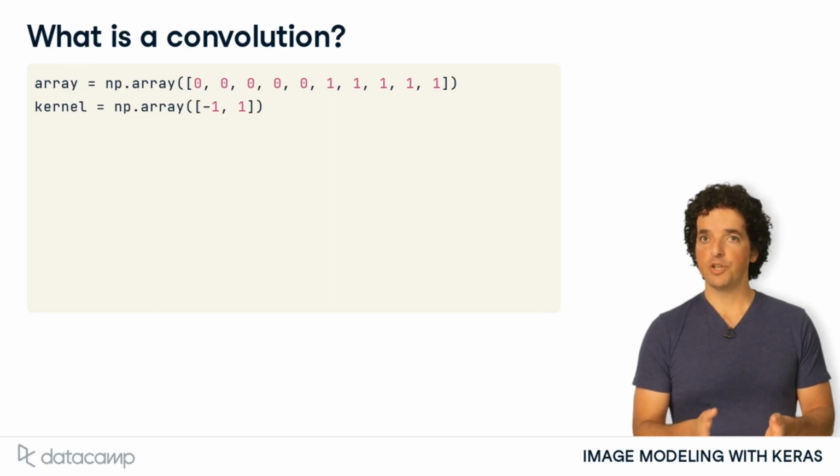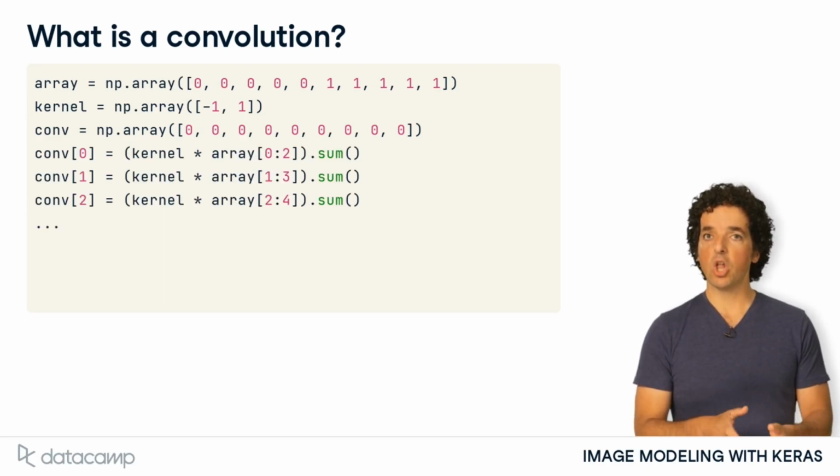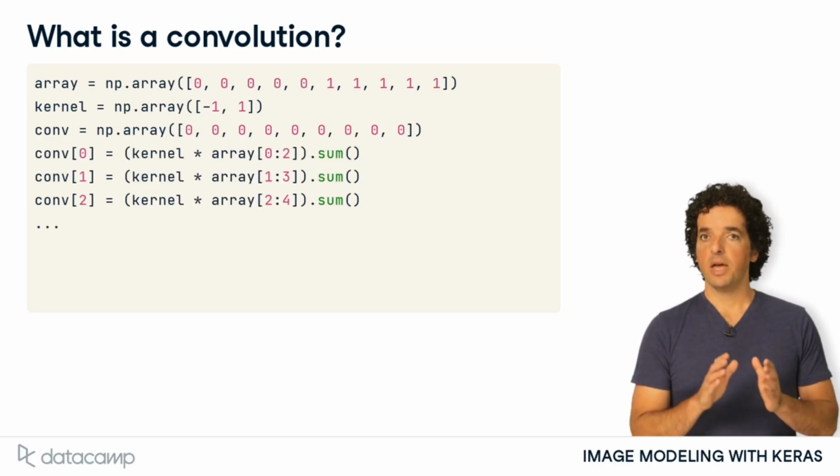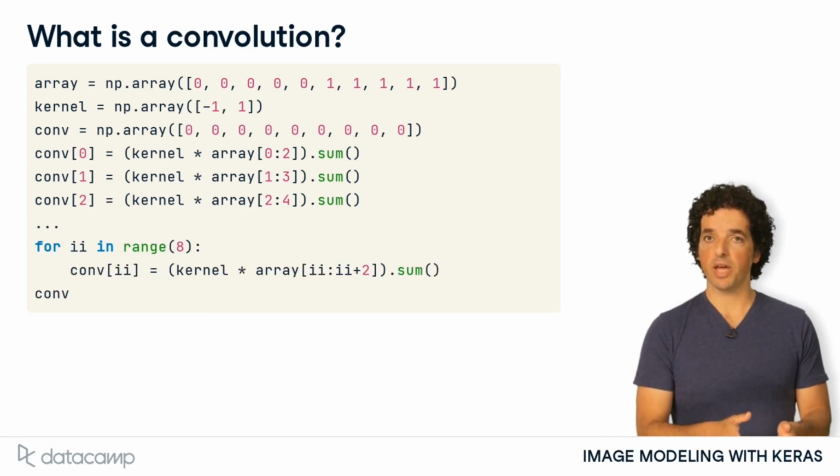The kernel defines the feature that we are looking for. In this case, we are looking for a change from small values on the left to large values on the right. We start the result as all zeros. Then we slide the kernel along the array. In each location, we multiply the values in the array with the values in the kernel and sum them up.